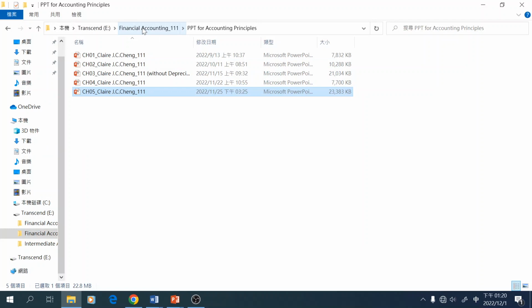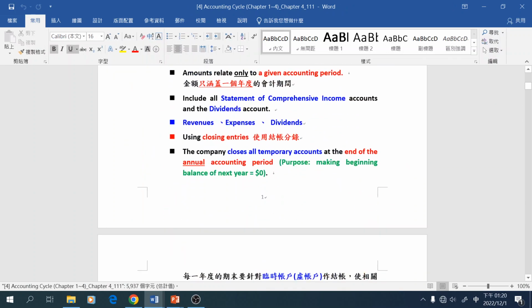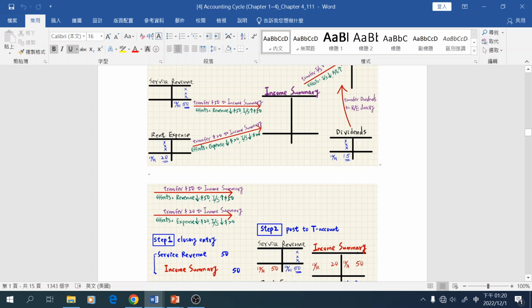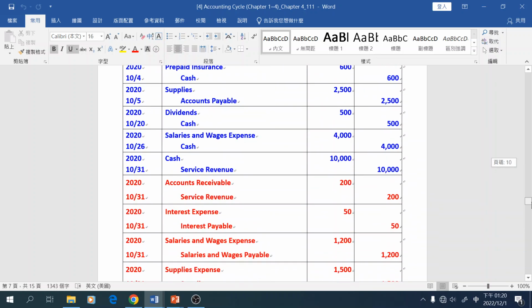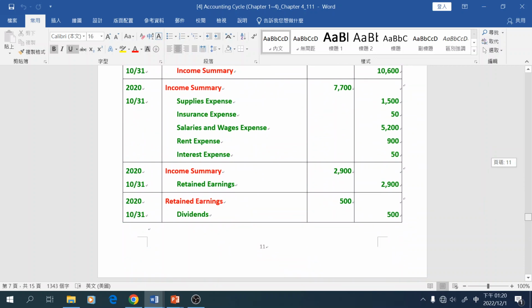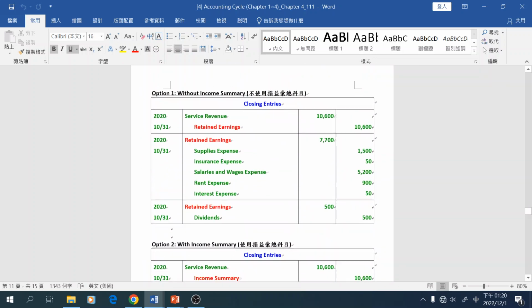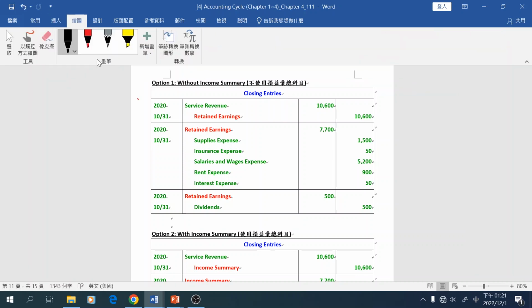So if you look at the notes you have in chapter 4, on page 11, I show you the second option. So option 1 we've done already from last week.